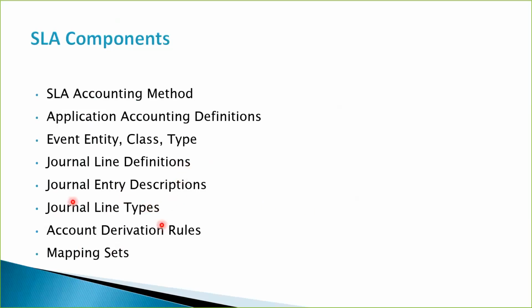Account derivation rules affect the account that will be displayed for that particular line. Journal line definitions affect how the journal will come out as a whole. Okay, so think about those elements, and it will for sure help you to get a very clear understanding of the SLA module and these components.